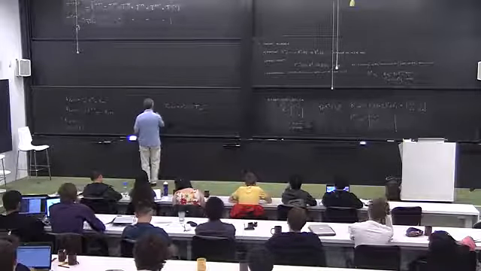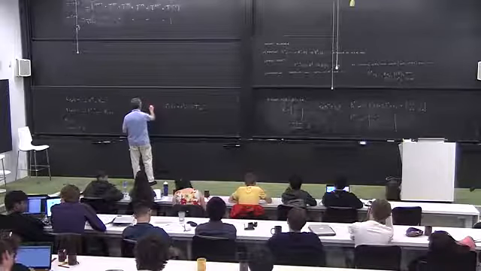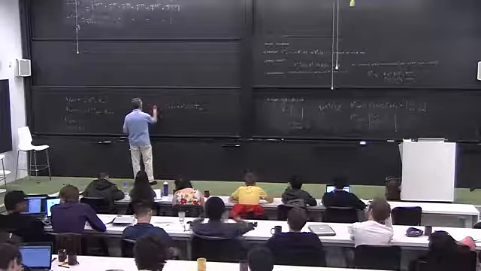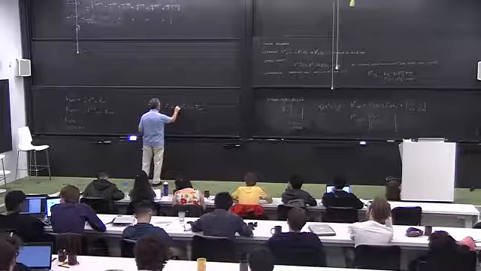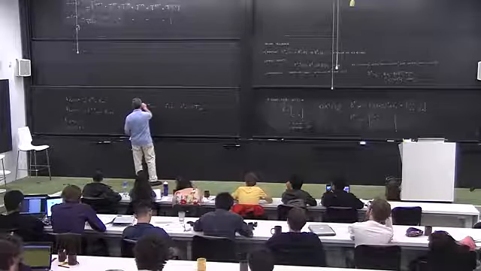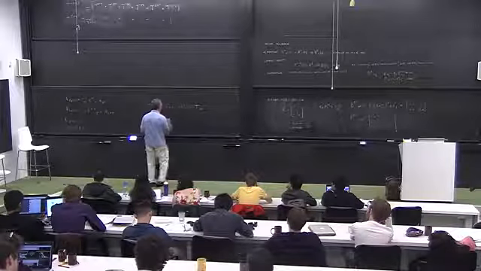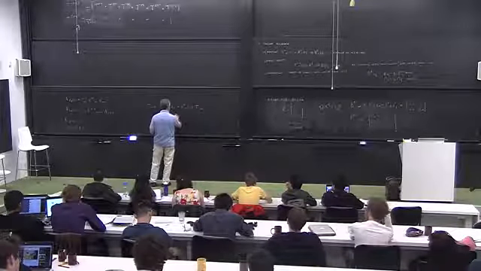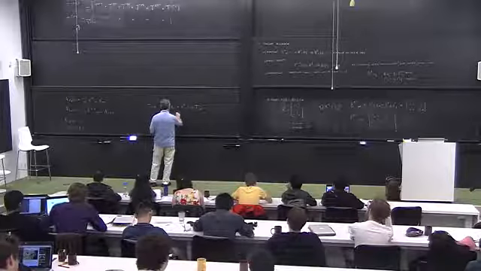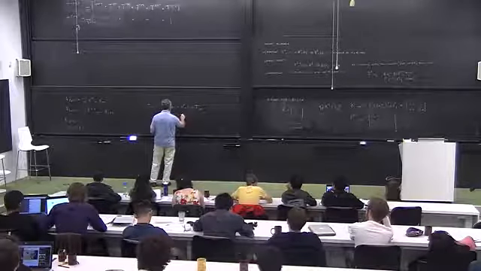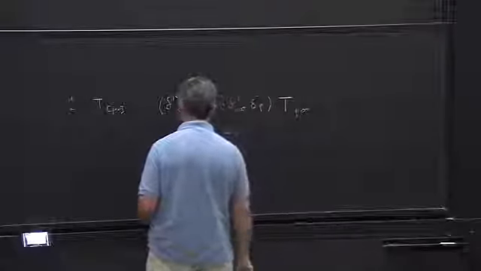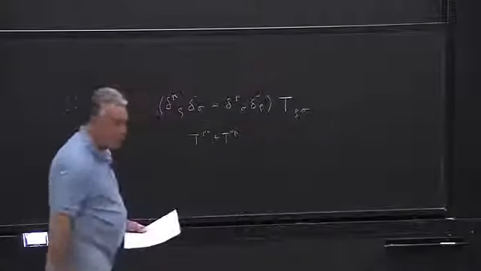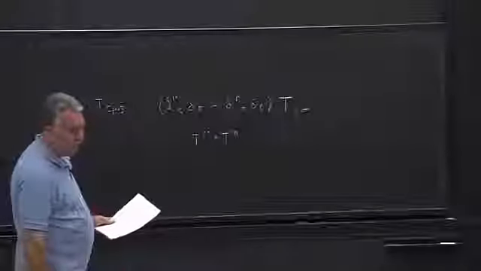If it's a plus sign, we get T mu nu, don't we? If it's a minus sign, we get T mu nu. If it's a plus sign, what do we get? T mu nu plus T mu mu. Yes, so it does project out the symmetric part if I change the sign.